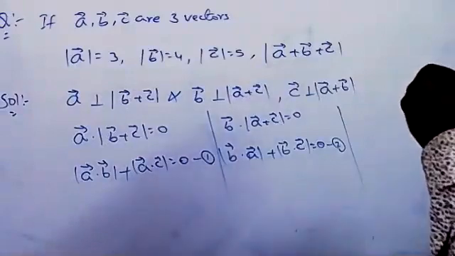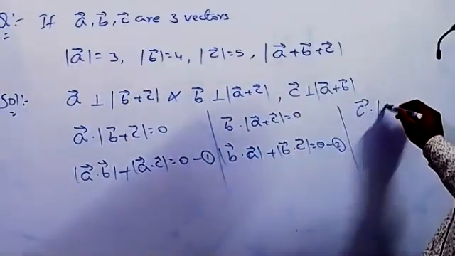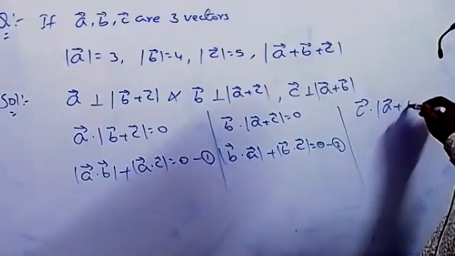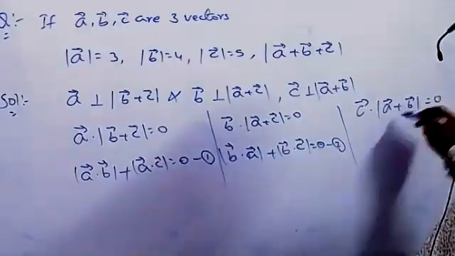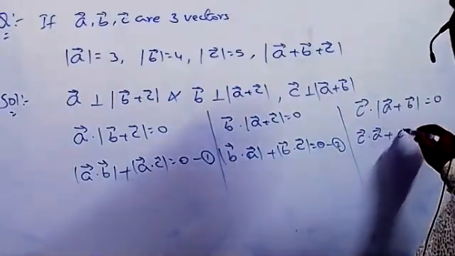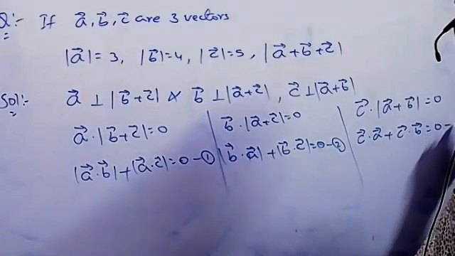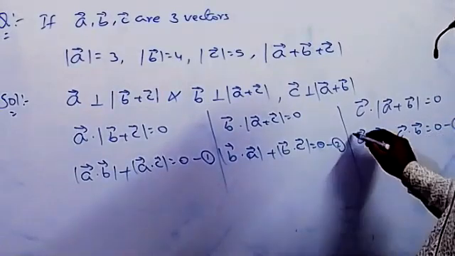And similarly the third one: the two are perpendicular, so C dot (A plus B) is equal to 0. You can write C dot A plus C dot B equals 0. This is equation number 3.